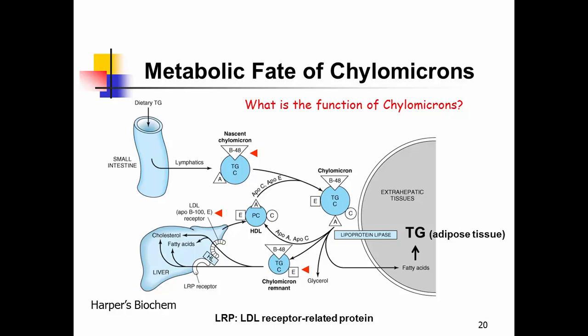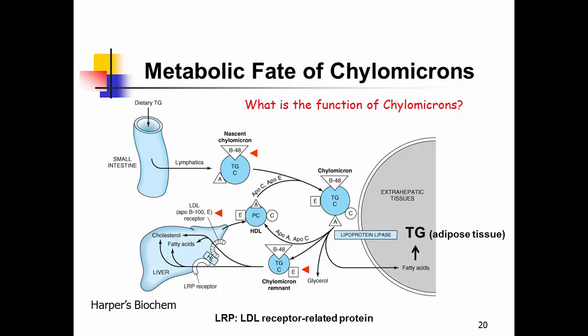Mature chylomicron has ApoB48, ApoE, ApoA, and C, C2 particularly. And the chylomicron remnant only has B48 and ApoE. The rest of the apoproteins, like A and C, are lost and basically given back to HDL.